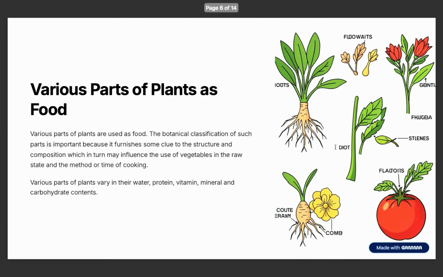Limited storage facilities also make it very difficult. Now, various parts of plants are used as foods, including the roots, stem, leaf parts, the fruit, or even the seeds. These parts vary in their nutrient composition. Some parts are high in water content, like the fruit part, some are high in energy or starch content, like the roots, and protein, vitamins and minerals also vary according to the parts.